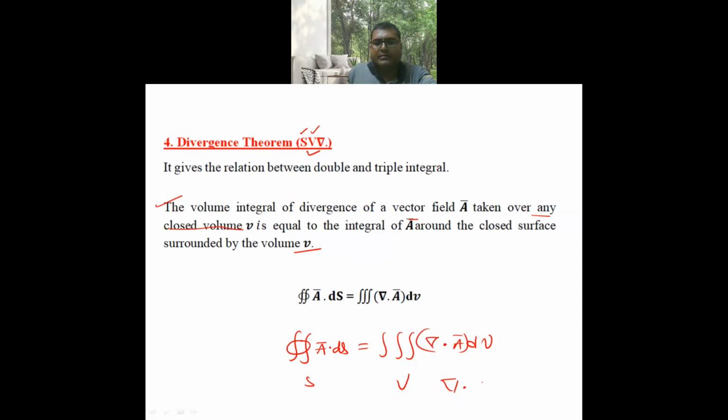This is the way of remembering the equation of the divergence theorem, or simply you can call it a trick: SV del dot, that is surface to volume del dot. Closed surface integral of A bar dot ds is equal to the triple integral of del dot A dv.